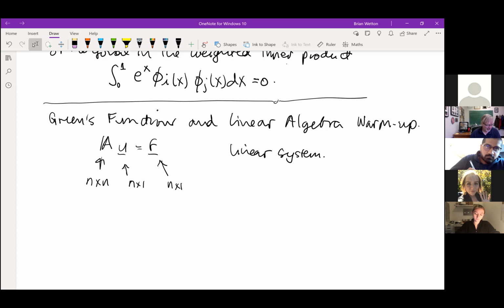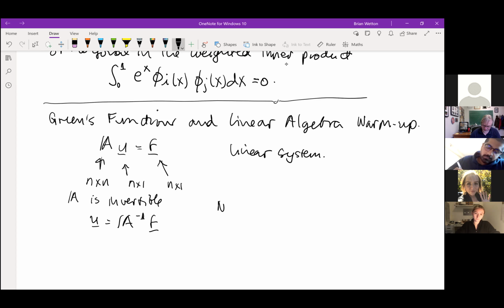And then after that, it was finding basically the general solution to that process, and that's the matrix inverse. So I'm going to, of course, assume that A is invertible. So I can write U is A inverse times F. And the Green's function is basically the analog of an inverse matrix.